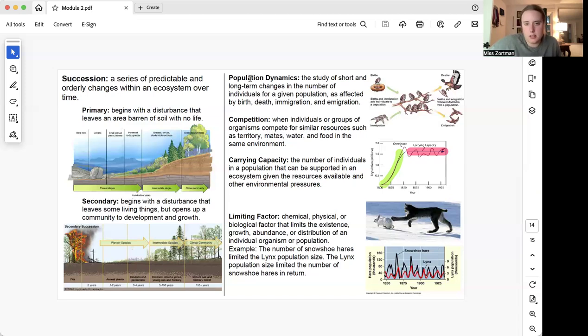But competition. So I think you all know what competition is. So fighting for the same resources, whether that's food, habitat, water, mates. That's all part of that. Carrying capacity is what happens when an environment basically reaches the maximum number of organisms it can support. So there's not unlimited resources in any situation.